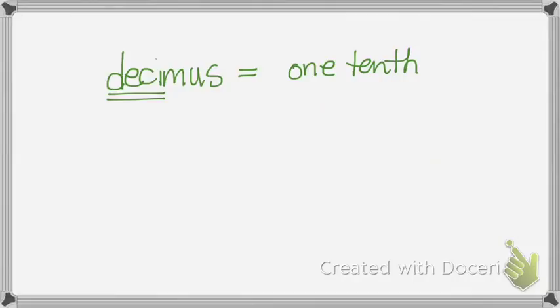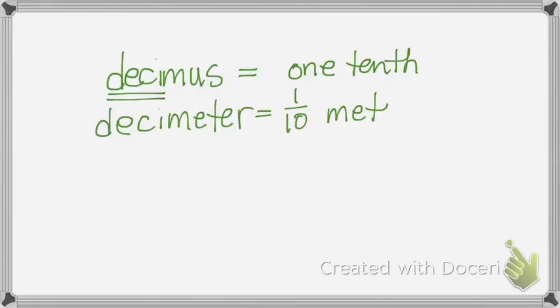For example, if you are familiar at all with the metric system, a decimeter is actually 1/10 of a meter. If we know that 1 meter is 100 centimeters, we know that a decimeter, therefore, is going to be 10 centimeters.